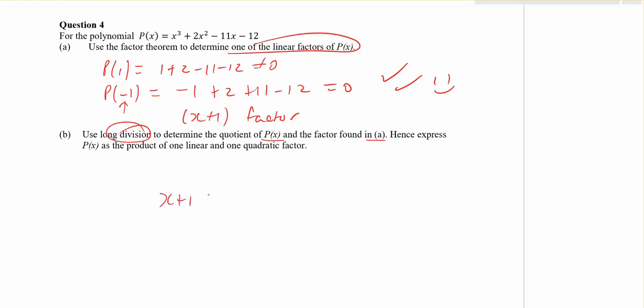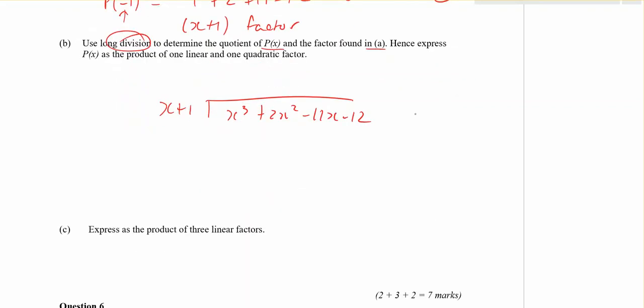What I'm going to do is go leading term divided by leading term. So that's x squared, put it at the top, multiplied by the divisor. So that's x cubed plus x squared. Subtraction: 2x squared minus x squared is just x squared. I drop the 11x. Now I go leading term divided by leading term. So that's x.